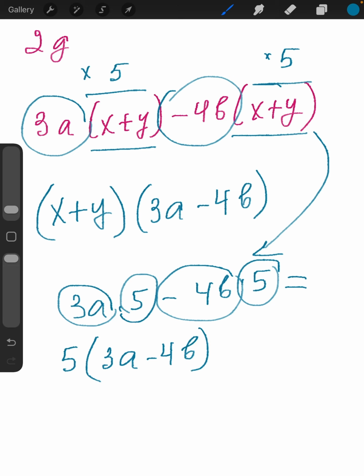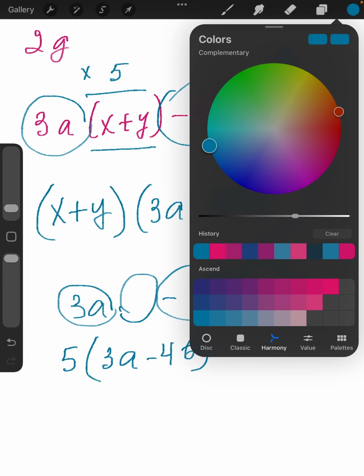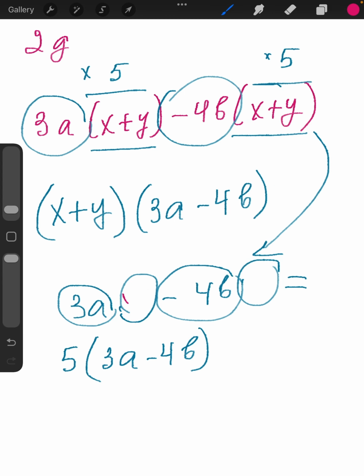In this case though, instead of number 5 or any other number, in this position here, we have an expression x plus y, right? But it works exactly the same way as if there were a number, right?